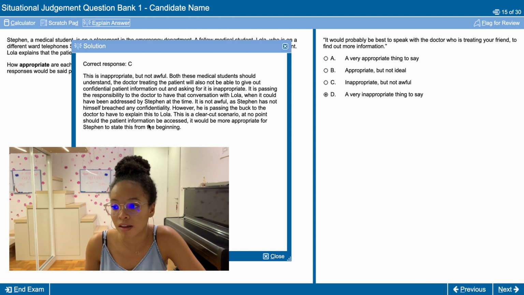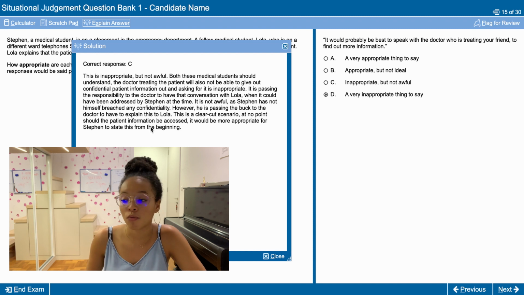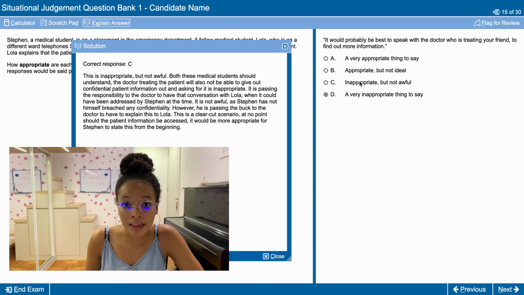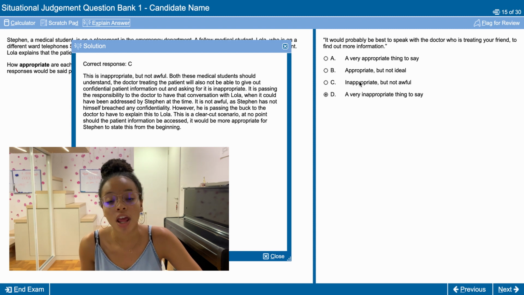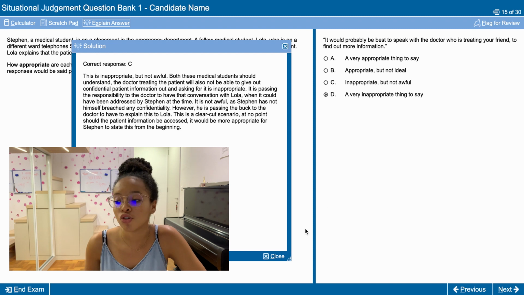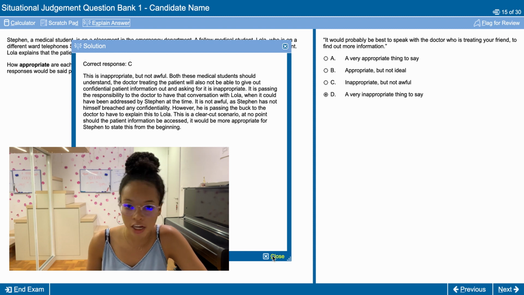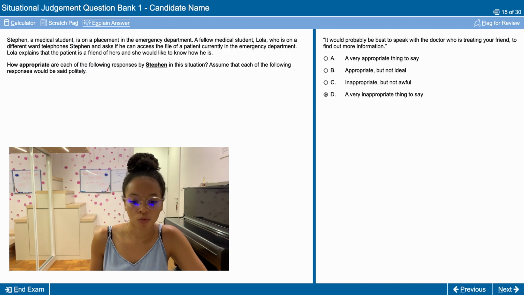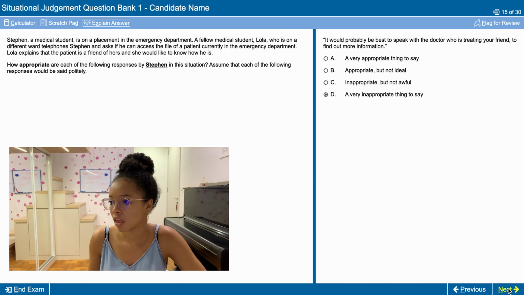It would be more appropriate for Stefan to state this from the beginning. So for them, it's inappropriate but not awful just because he did not give out any patient information. Even though he could have done a better job by telling Lola directly, you shouldn't be doing this. Patient confidentiality is the most important thing, and don't disturb the doctor with this request, basically.